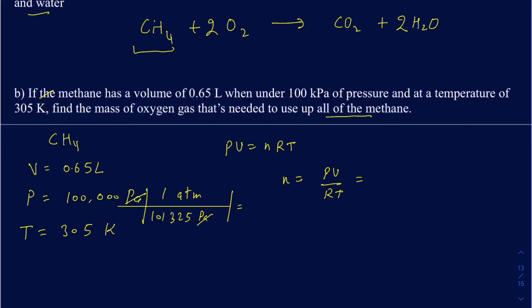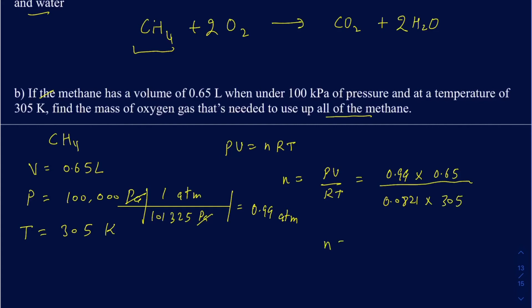Okay, so your pascals cancels out. So you do this math: 100,000 divided by 101,325. That's about 0.99 atmosphere. So I'll go ahead and plug those values in. I'm not going to write down the units here. So pressure is 0.99, your volume is 0.65, R is 0.0821, and temperature is 305.